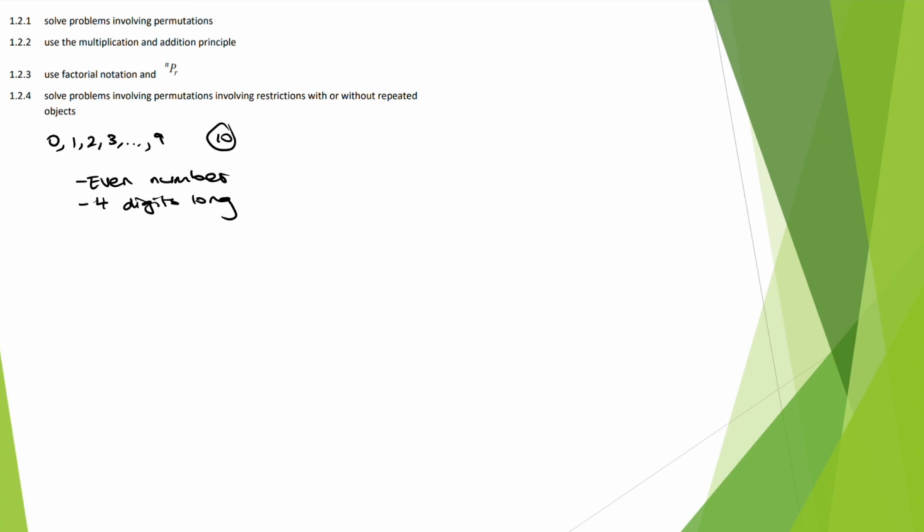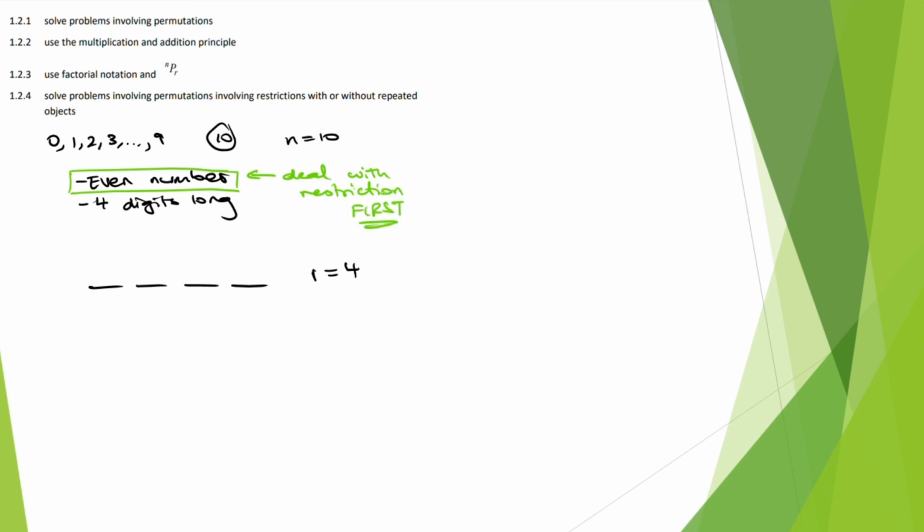Now, the key thing here is we have 4 places. Our n is equal to 10. Our r is equal to 4. However, we have this restriction here: it must be an even number. When we have permutations with restrictions, we always deal with the restrictions first. Deal with the restriction first.